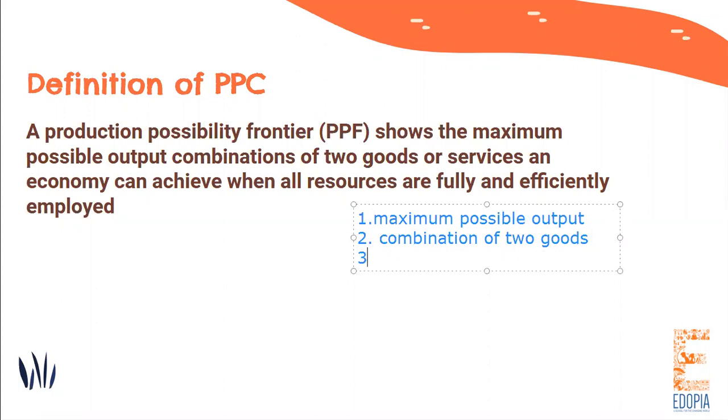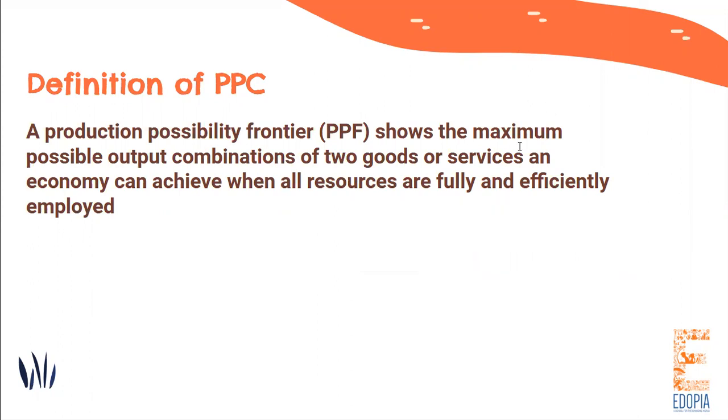And then the third one is that all the resources are fully employed. This is the definition that has to be kept in mind every time, and you need to understand it properly.